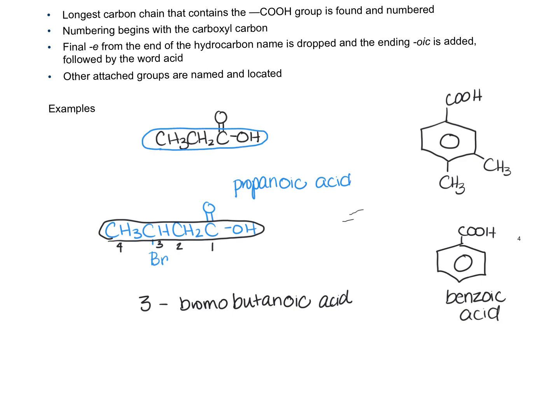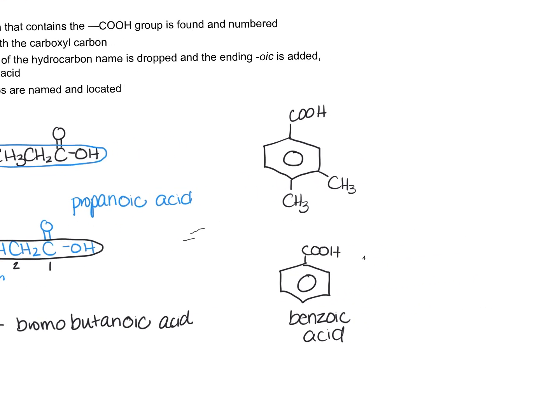And so we are going to use that as our base name. And so when we come over here and we look to name this, we say, okay, I can recognize that the benzoic acid is right here, and it's the same as this, okay?